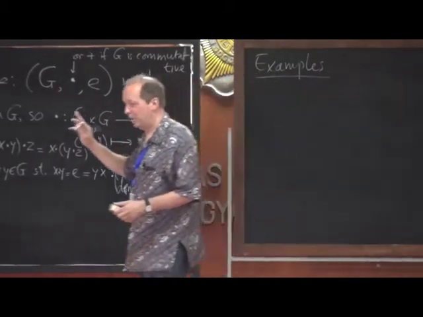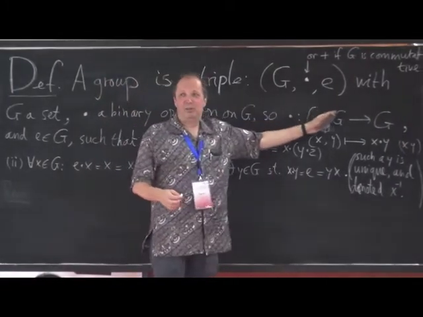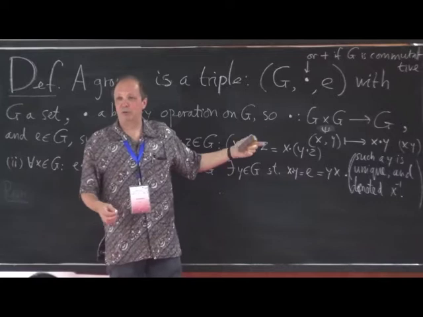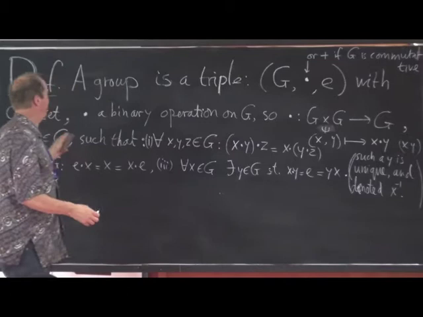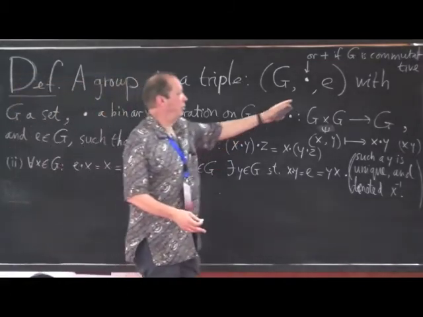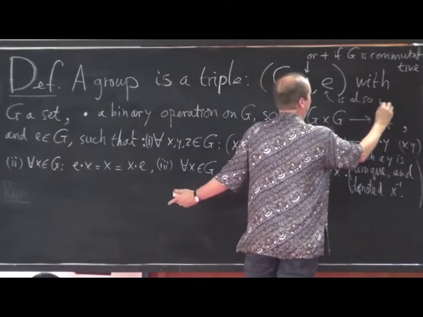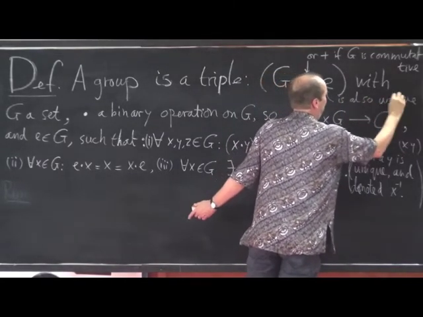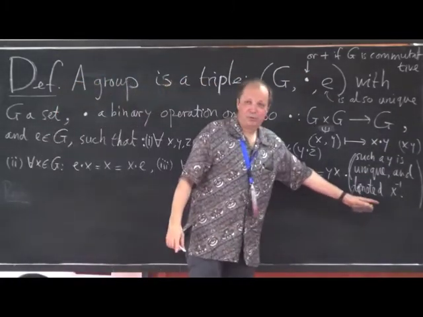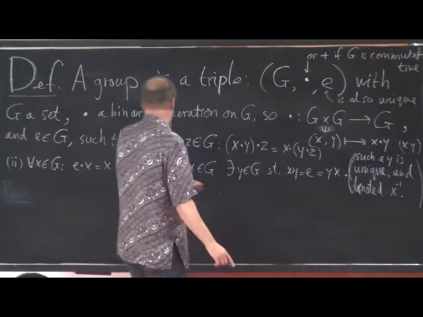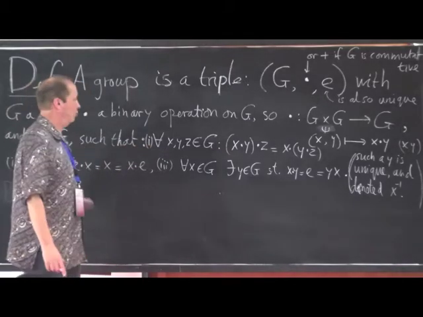I also make the remark that I included this E in the notation, but if you think about it, I could also have left it out and formulated it as saying that there is an element with this property, because this E is also unique if you have these axioms. So if you have these properties, these 1, 2, 3, then this holds. To show that this is unique, you need more than just number 3. You also need number 1 and number 2.